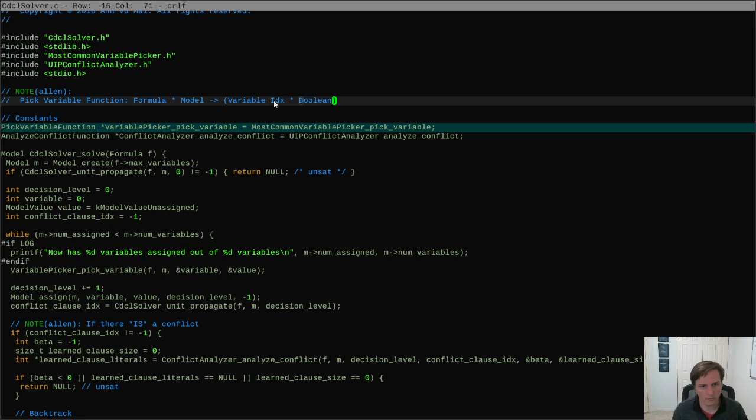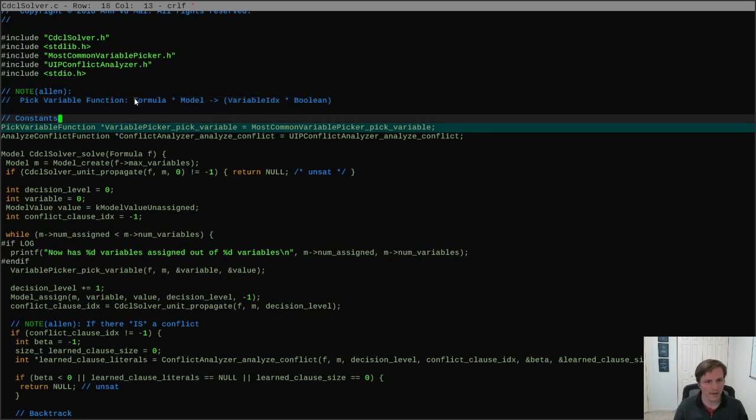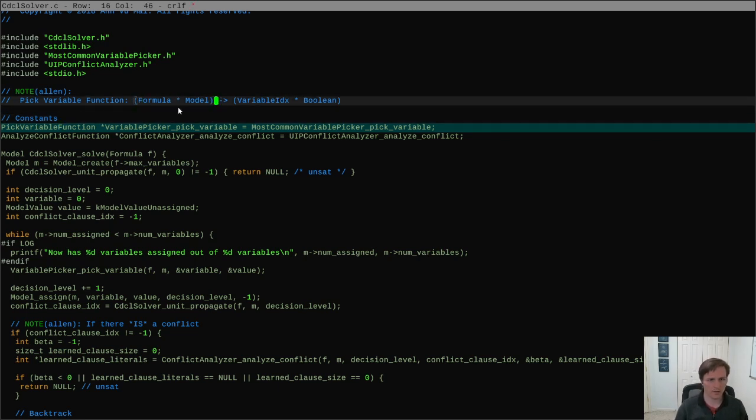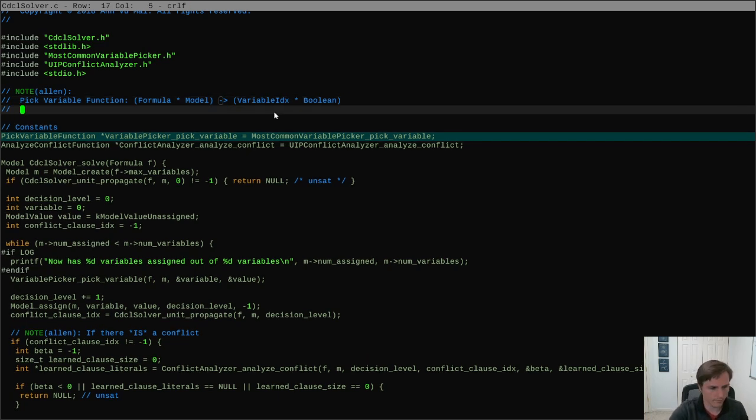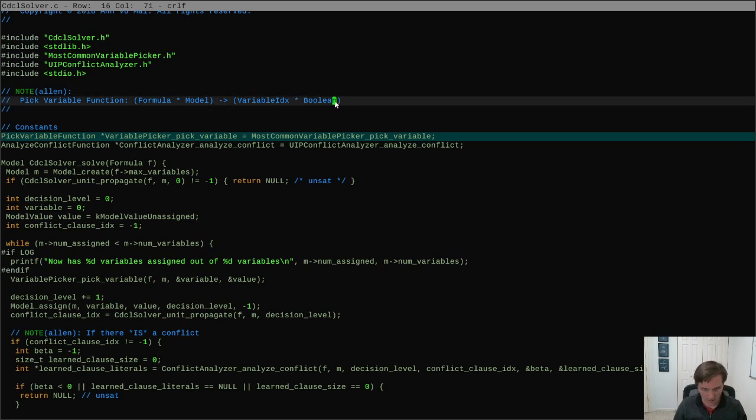Yeah, a Boolean. So in comes the formula and the model, out comes variable index and Boolean. That's what our pick variable function's basic structure is. And we don't know the internal guts yet, but intuitively somehow it's coming up with a good place to place a guess on how to make forward progress.